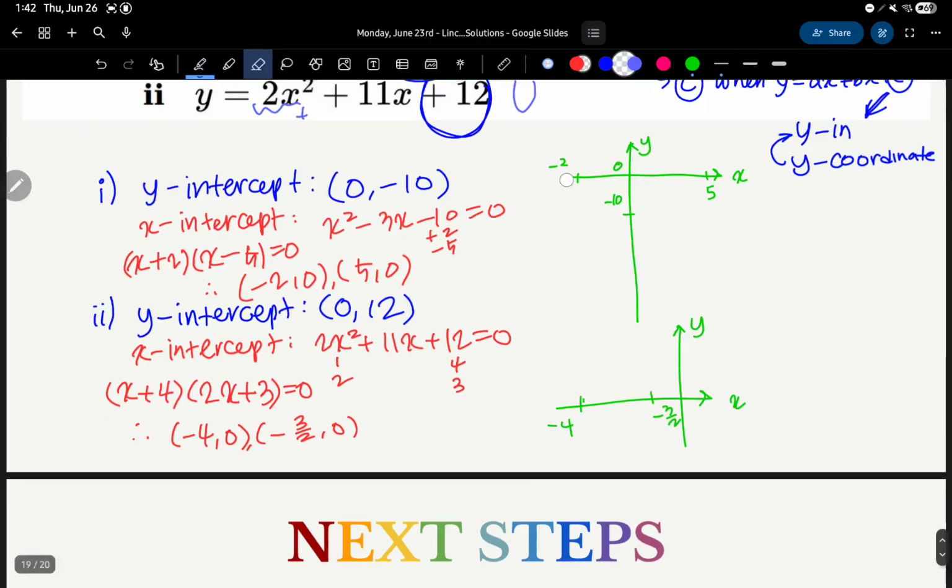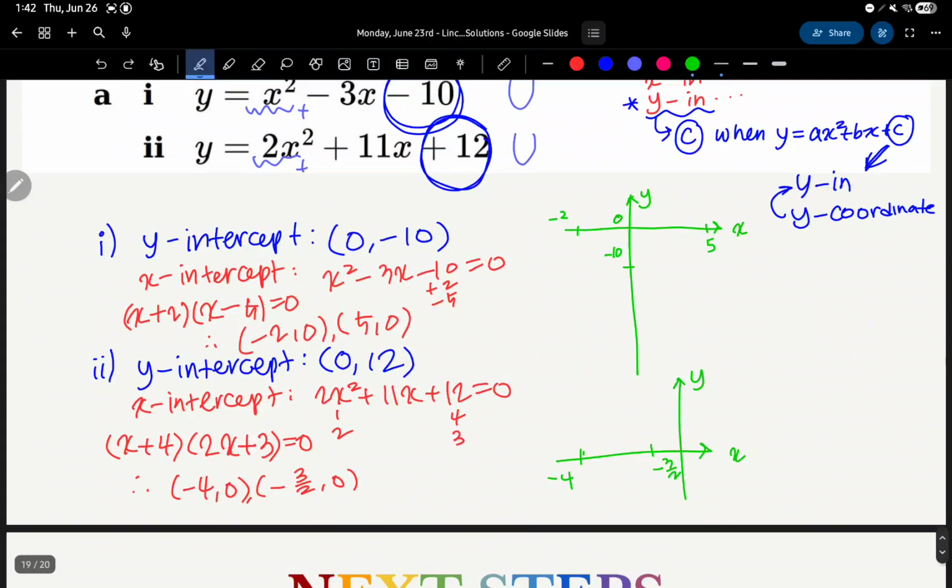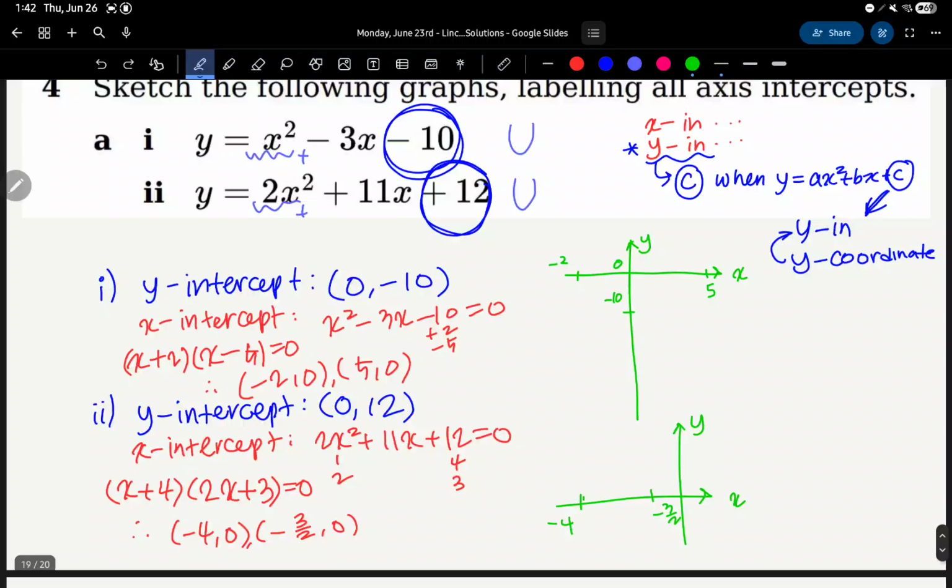Okay, so from here, we know that the line of symmetry is going to be in the middle. So this is kind of how we do it.